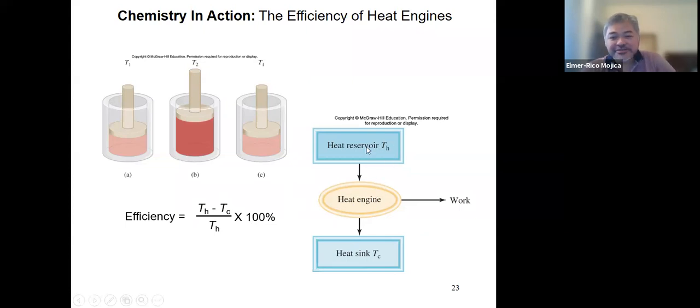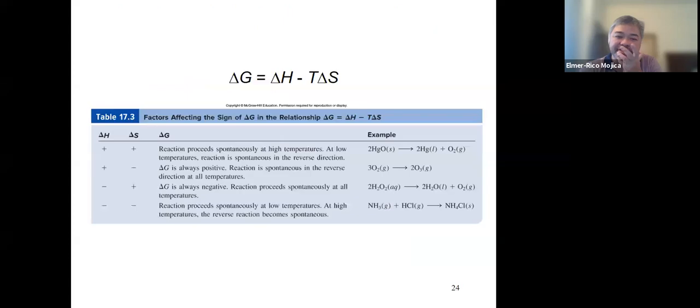The way it works, there's a heat reservoir, and then there's a heat agent. Any heat that goes to the sink is at the cold temperature. And the work is the one that they have. Unfortunately, a refrigerator is not a very efficient engine. You know what the refrigerator does? It's an engine that produces coldness. So this is one of the applications of this concept, the free energy. But the one that I would ask you to look into in detail is this one.